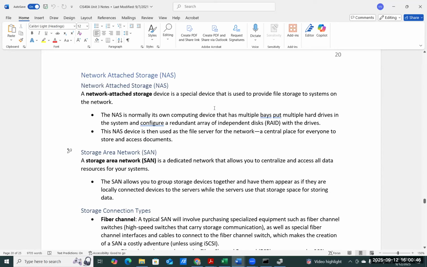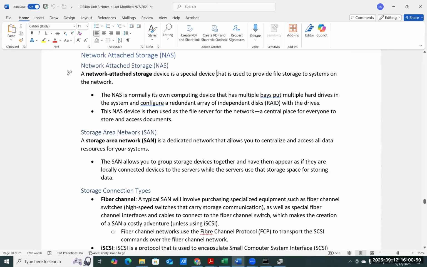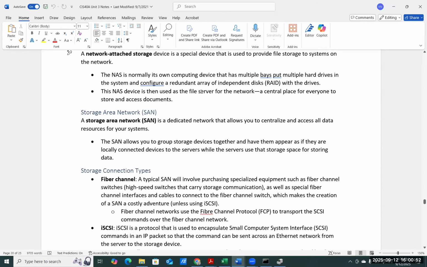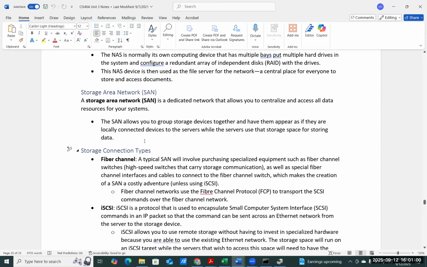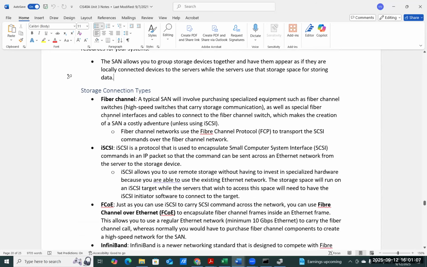Network attached storage allows you to add more storage to maybe your server to be able to have a file server, whereas a storage area network allows you to have a group of storage devices connected to other devices like your servers for data. For the storage connection type for SAN, we would use fiber.